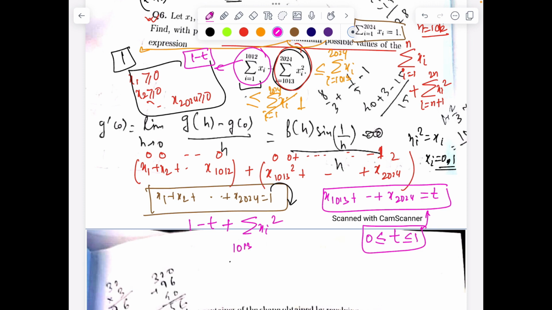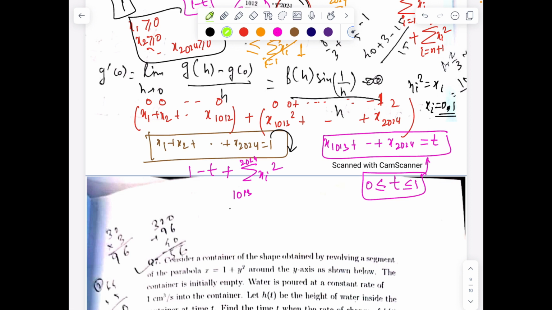So now the question is 1 minus t plus sigma xi whole square from 1013, i running to 2024. Now look, we can put a bound here, because this sigma xi square gives a feel of variance. Why are we suddenly bringing in variance? Because I know the mean square inequality is not there in the JEE syllabus, so let's solve this paper from a JEE perspective.